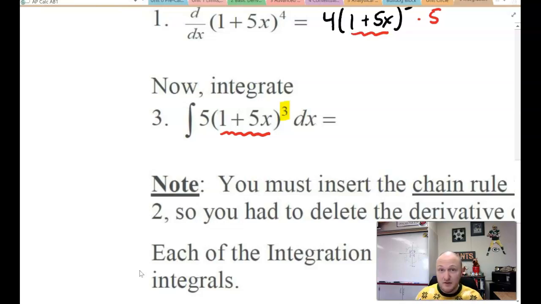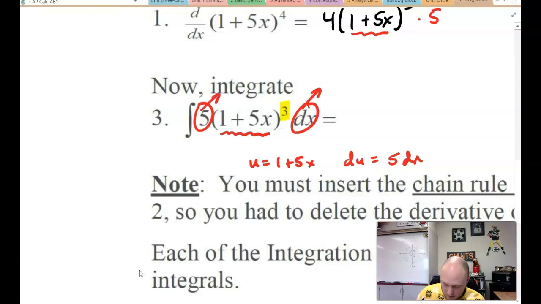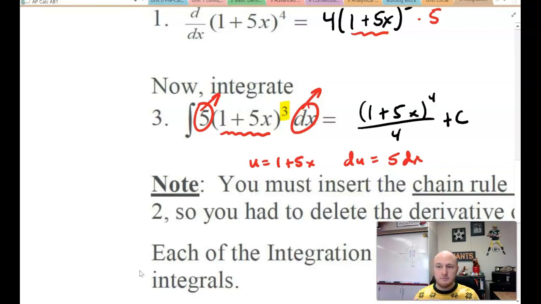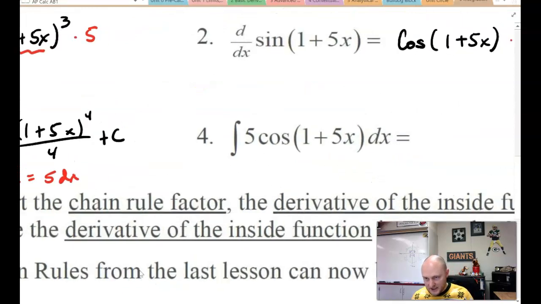If I called this u, the derivative of that is just 5 dx. So when I integrate, this and this are going to go away. Now this gives me (1 + 5x)^4, and I'm going to divide by 4, and I have my constant. That's kind of the idea of what we're going to look at today.